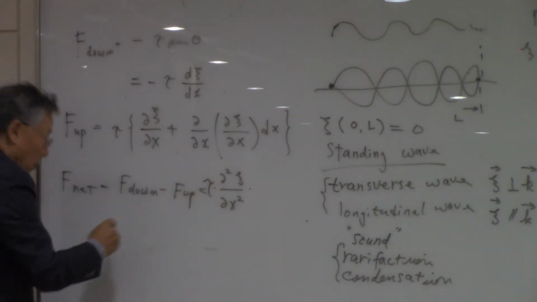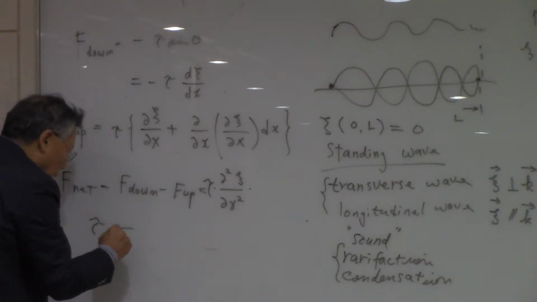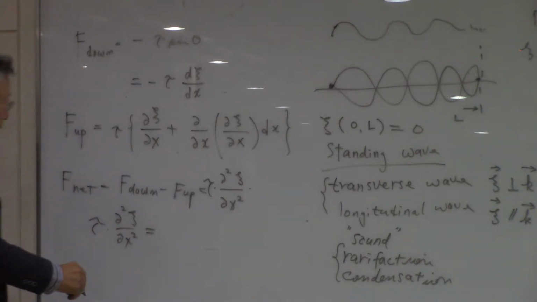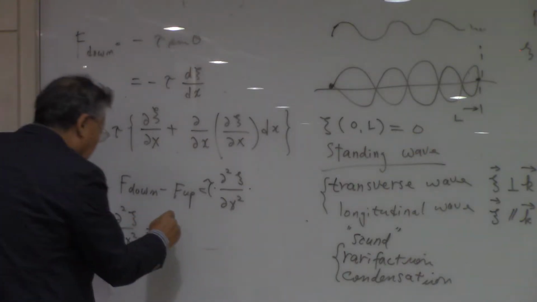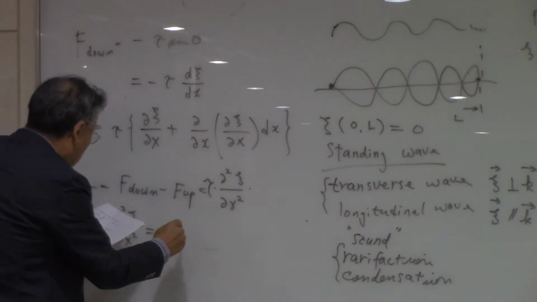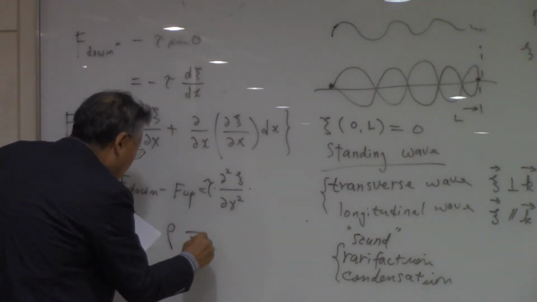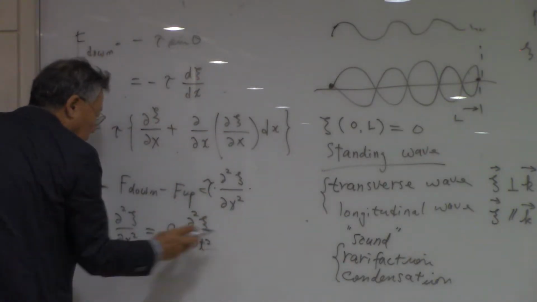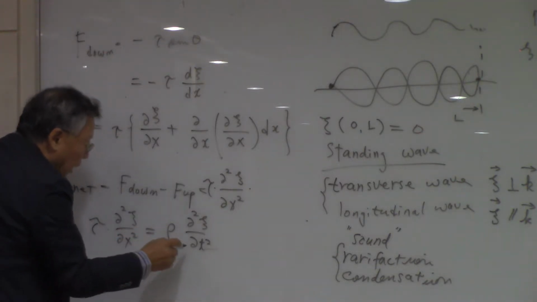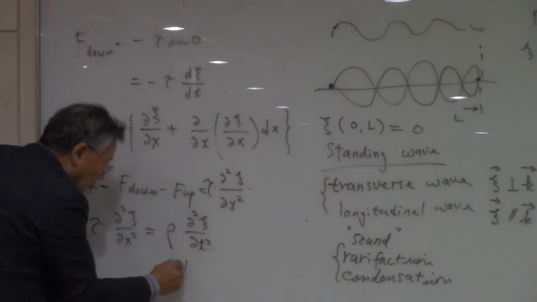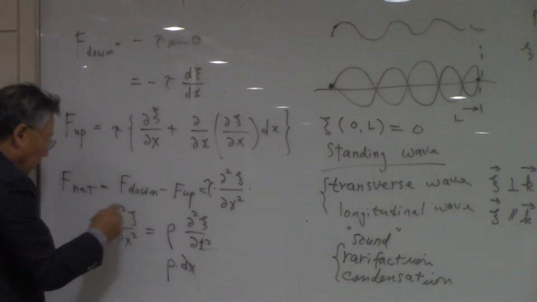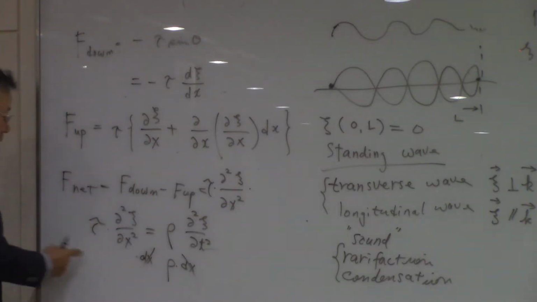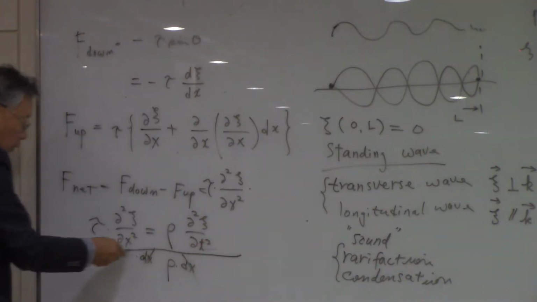So now what you're going to do is tau ∂²ψ/∂x² dx should be equated to mass times acceleration, rho dx ∂²ψ/∂t². And here dx is going to cancel, so that we end up with this equation, right?